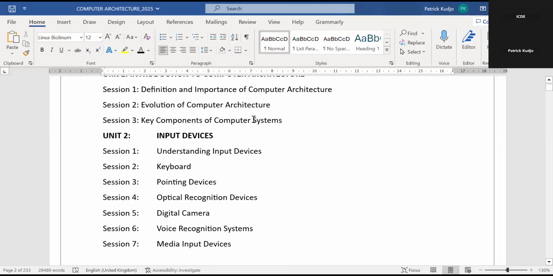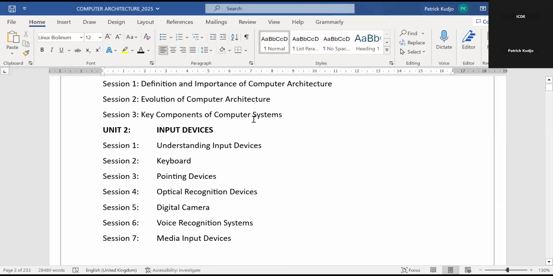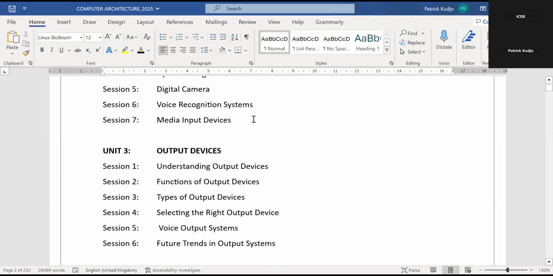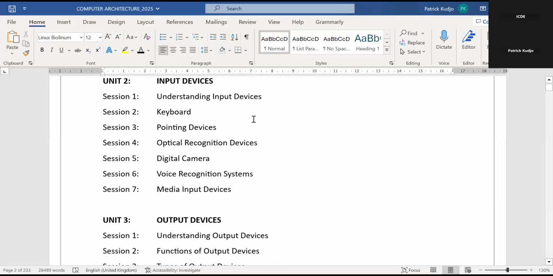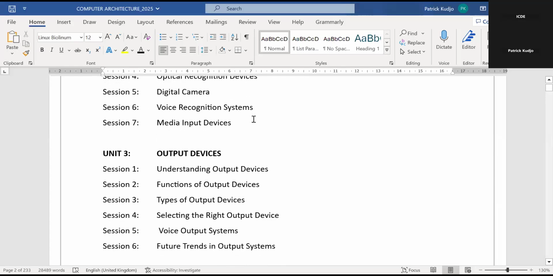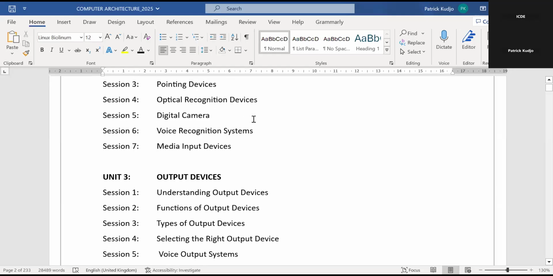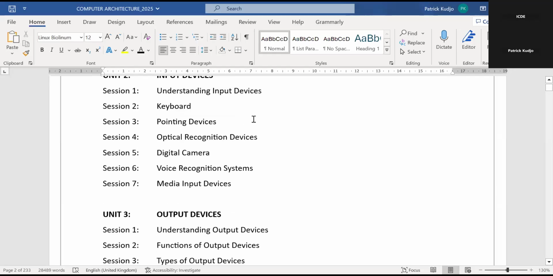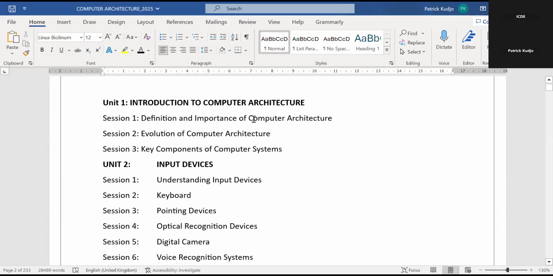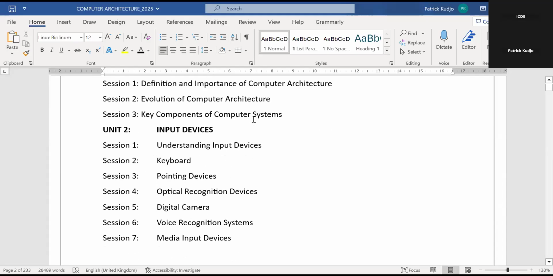So aside from the input devices and the output devices that I'm not going to take you through, the rest of the items here, and if you look at the units, we have about 11 units. So we are taking 2 out of it. The rest, we have to go through all these topics.